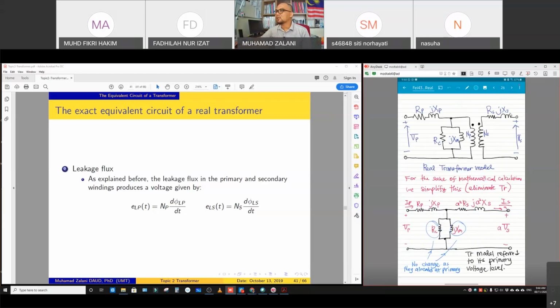In this equivalent circuit, this one is related to copper loss.